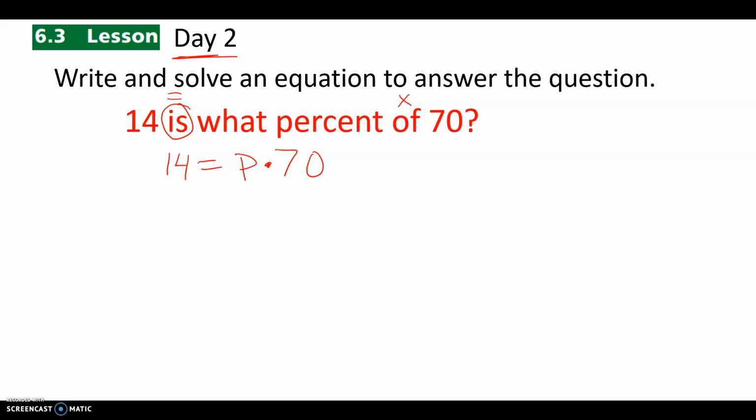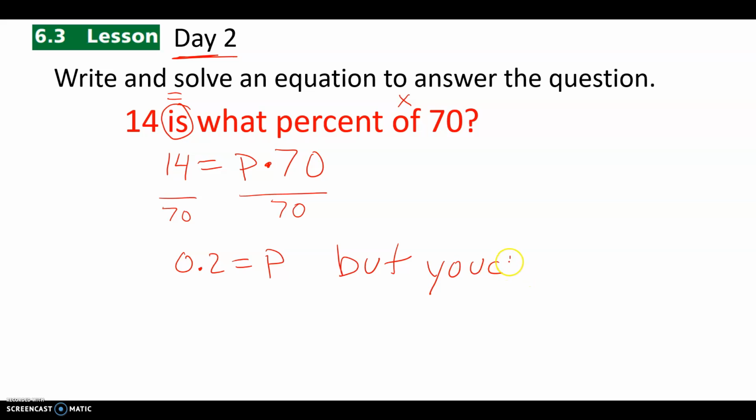So there's the equation. All you have to do then is divide both sides by 70. 14 divided by 70 is 0.2 equals P. But you have to change it to a percent, because that's the decimal form.